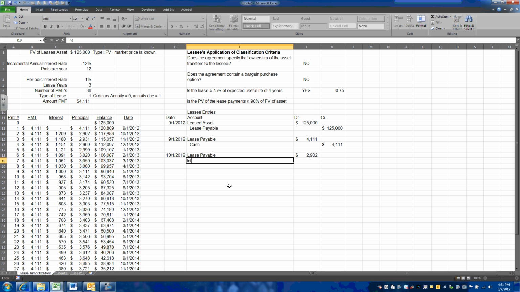So we will debit interest expense based on our table for the second payment at $1,209, and we will have a credit to cash that is equal to our lease payable and interest expense.